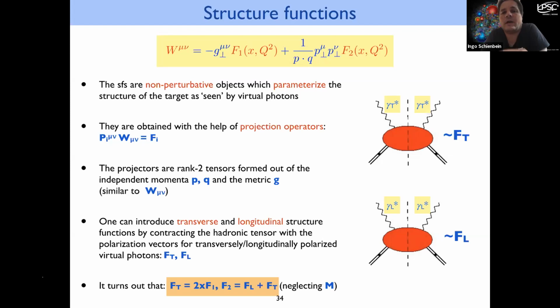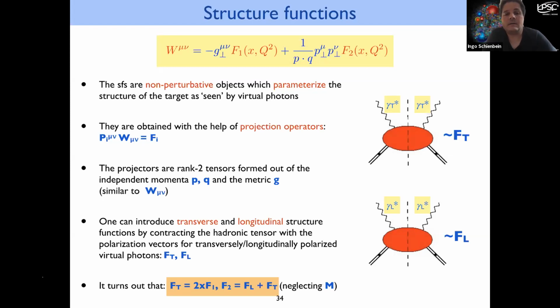Now, in order to access F1 or F2, you can define projection operators formed out of the metric and P and Q, such that if you contract this with the hadronic tensor, you get the structure function F1 or F2. And that you would maybe do in an actual calculation of a DIS process. So you calculate this using your Feynman rules, and then you use these projection operators to project out the structure function.